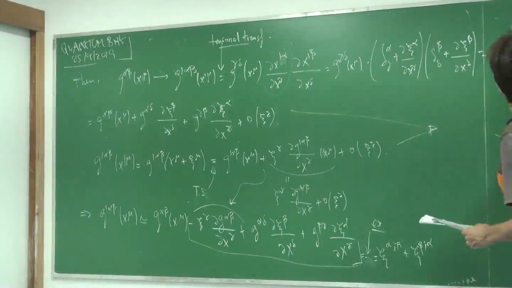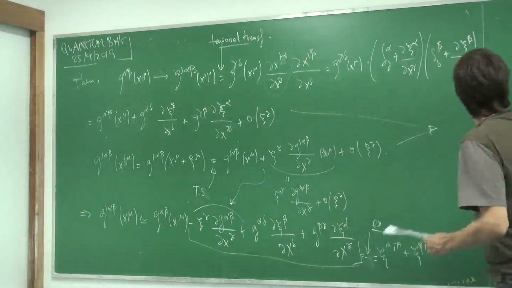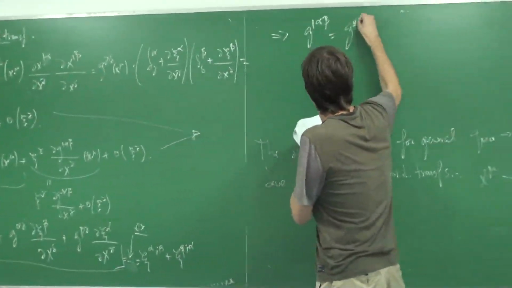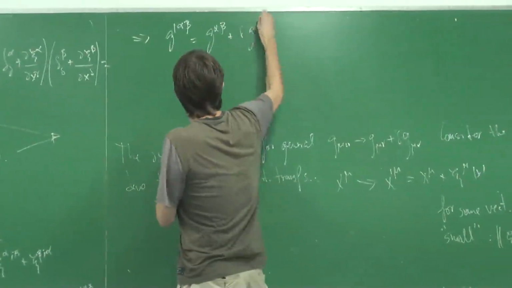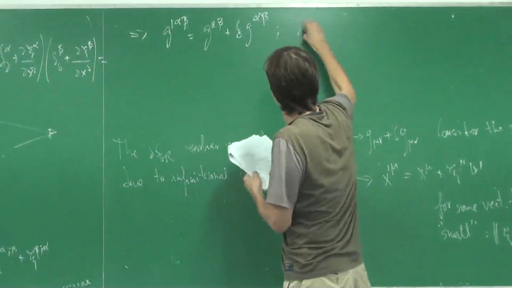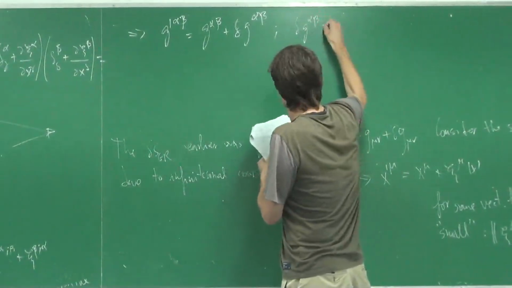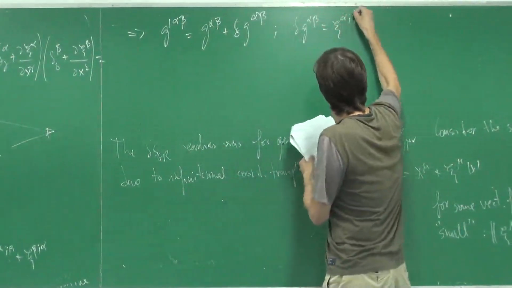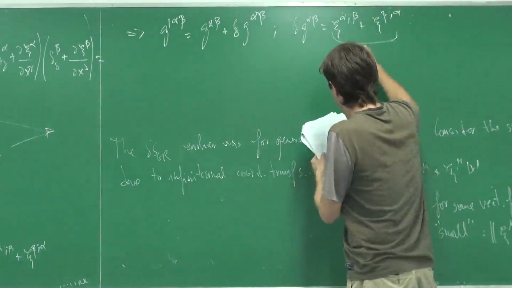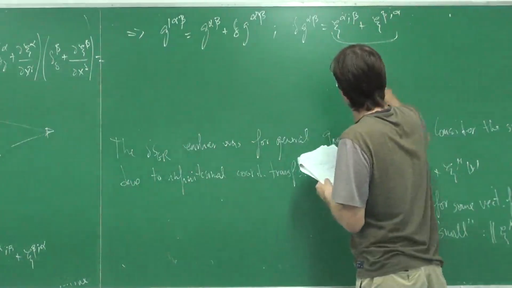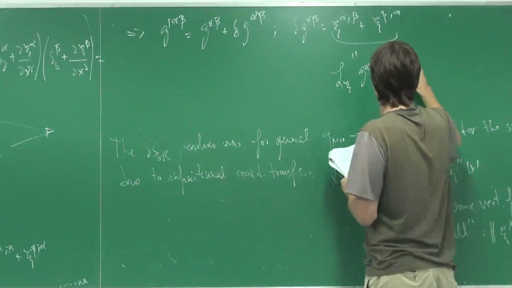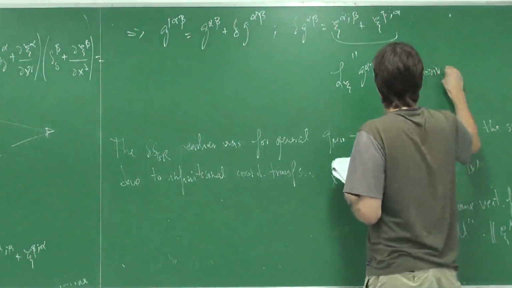Okay, so we now get what we want. We have that the metric tensor transforms in this way, where the variation is given by this, and this in fact is the so-called Lie derivative of the metric along xi.